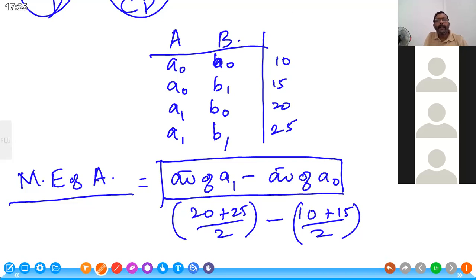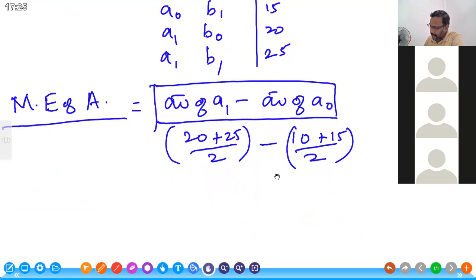Is this understandable? Right, so the average can be written as such.